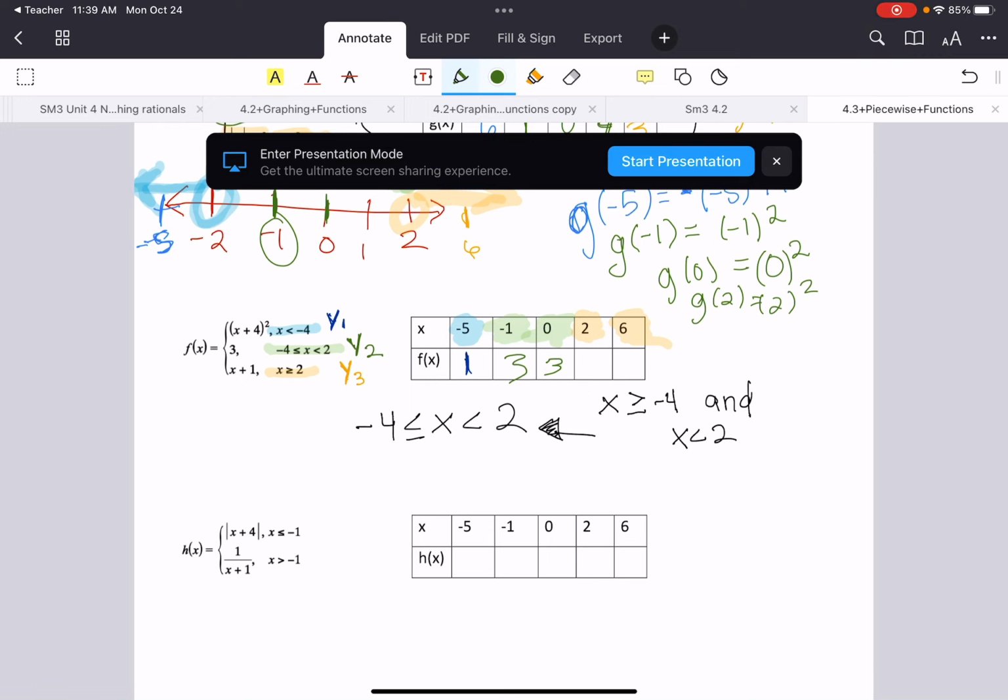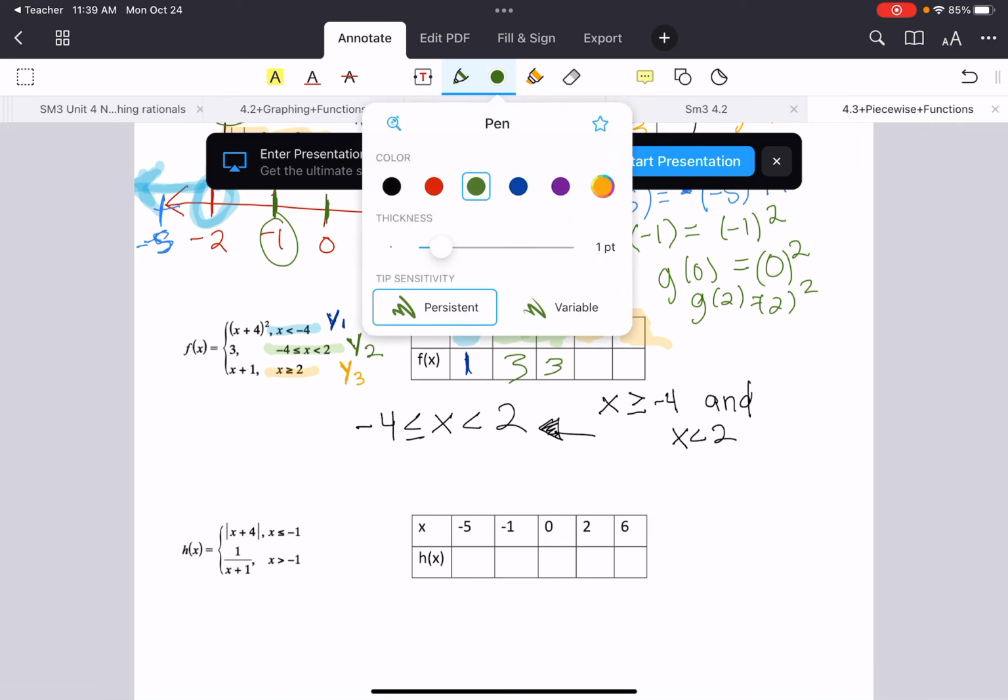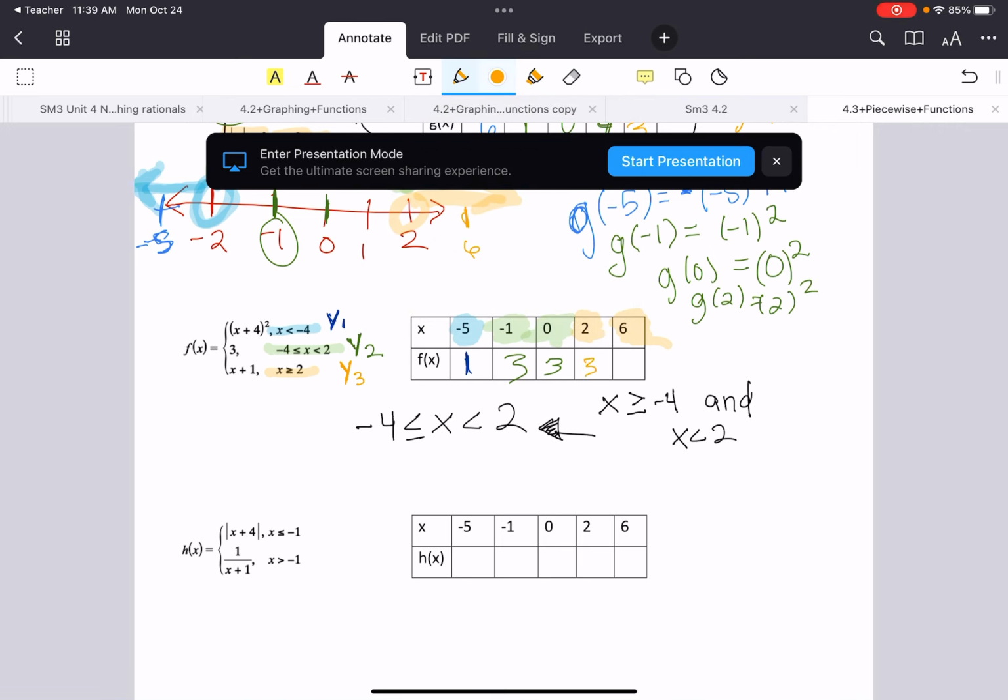Alpha trace, we said that f of 2 was in y3, so we'll do y3, 2 equals 3. And then same thing for the last one, alpha f4, 7.